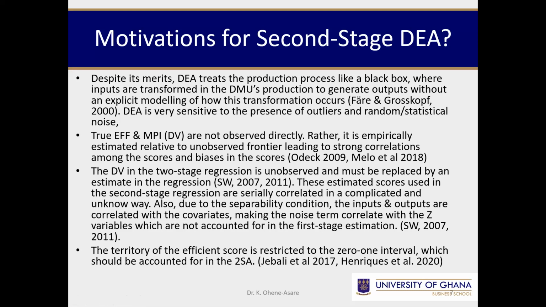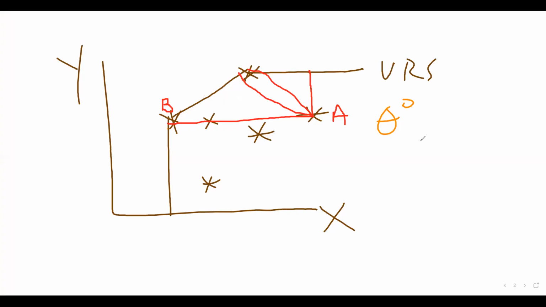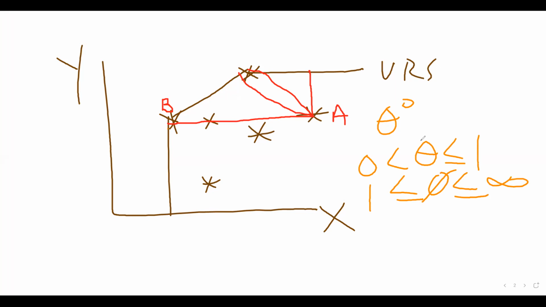Now, finally, on this point, efficiency scores are normally between 0 and 1 in an input orientation, and they are actually 1 and above in an output orientation. So we know that the input-oriented efficiency score is between 0 and 1, and the output-oriented efficiency score is 1 and above, all the way up to infinity.